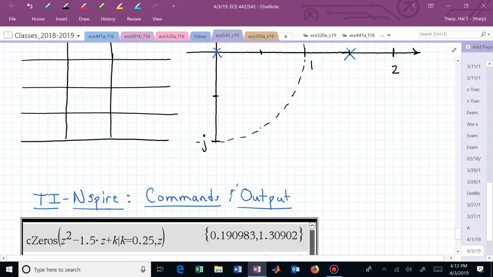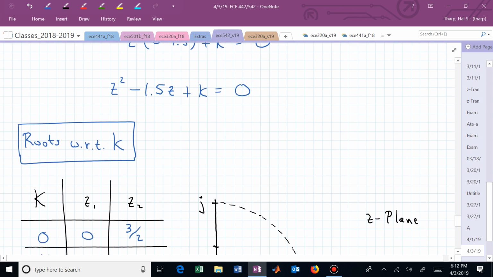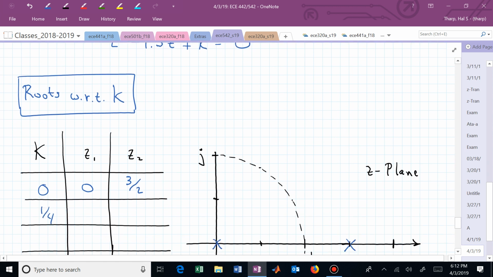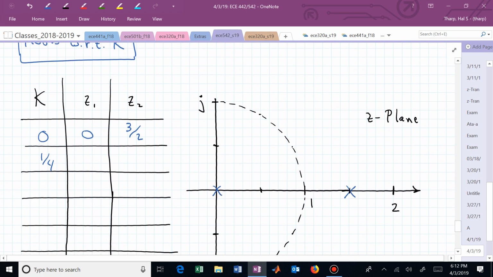For k, I've got a knob. I'm adjusting this knob k from 0 up to infinity. But as I adjust it up to 1/4 and find the roots of that quadratic when k is 1/4, this is where they're at. And you could do that manually. You could just plug in the quadratic formula for this polynomial when k is equal to 1/4. That's all we're doing. They were at 0.19 and 1.31.